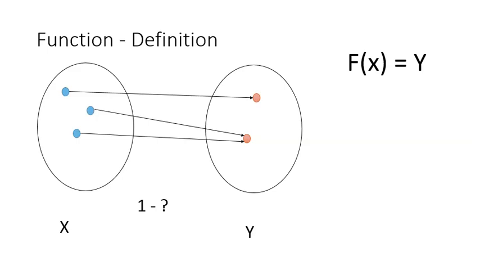So a function is defined as a rule that takes a set of values and maps those set of values using some sort of rule or transformation onto another set of values. The important thing with a function is that every one of these input values in our set x is only allowed to map onto one element in the set y.